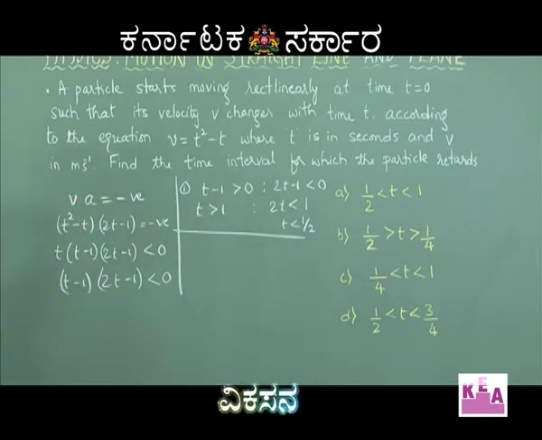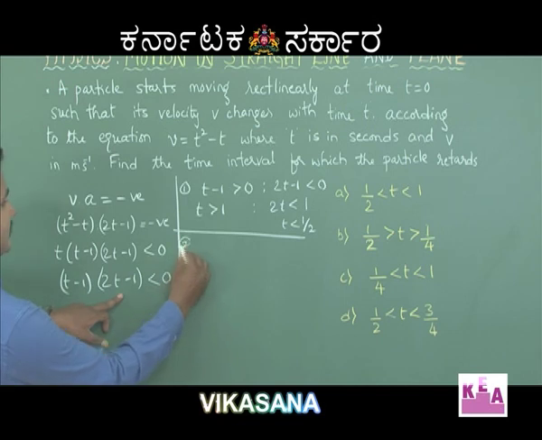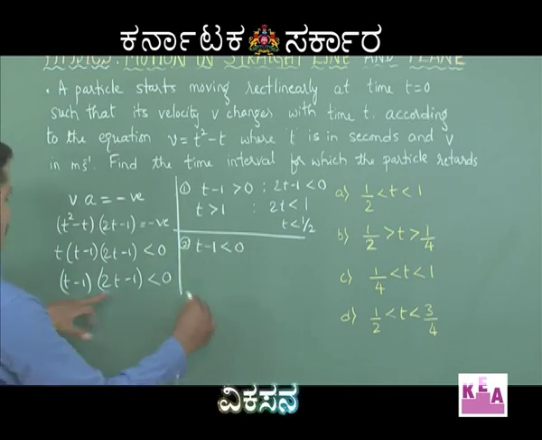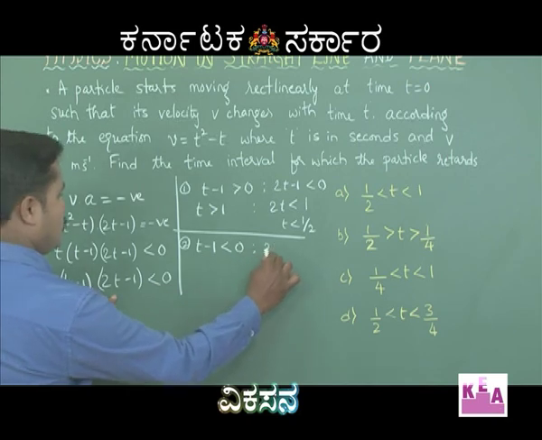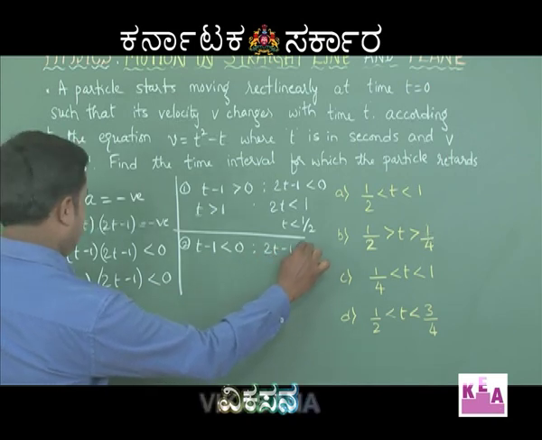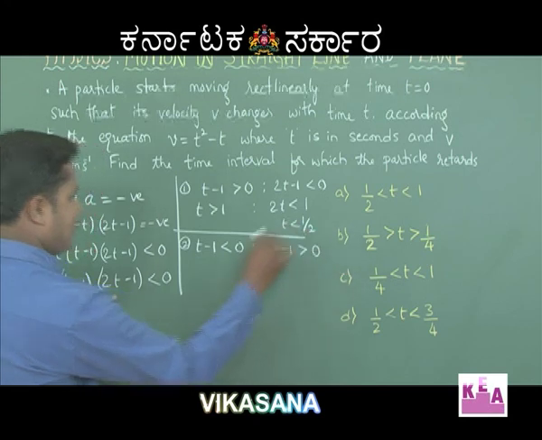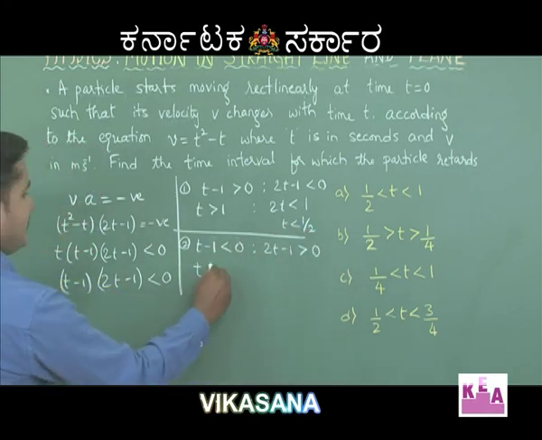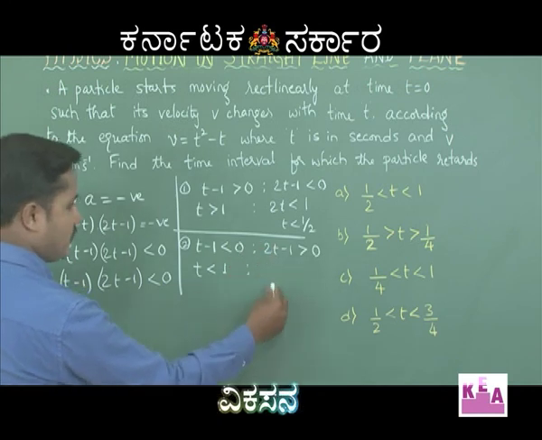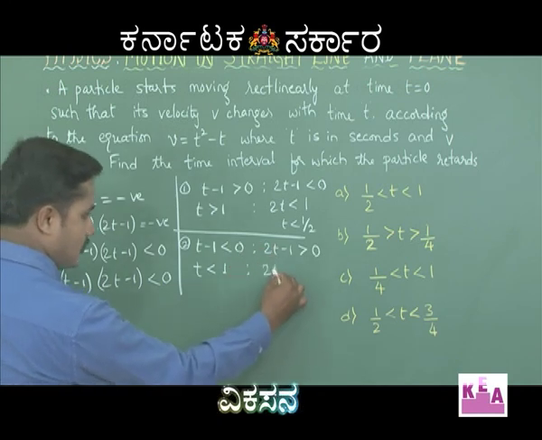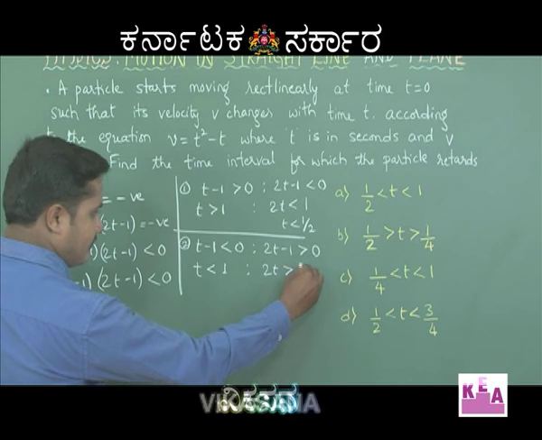Let us take up the second condition, where this is negative and this is positive. In my second condition, I say t − 1 is negative, as a result of which 2t − 1 will be positive. t − 1 negative means that t should be less than 1, and 2t − 1 greater than 0 means that 2t should be greater than 1.